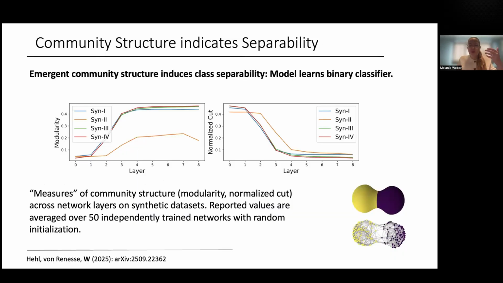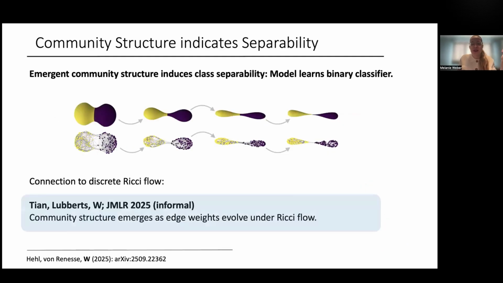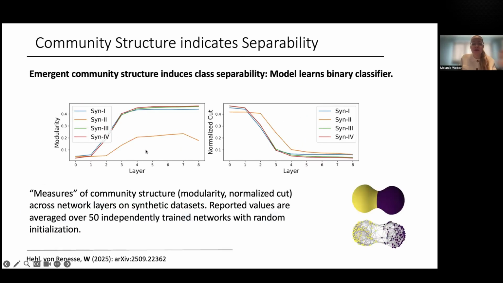This is one more analysis of this emergent structure that is not using Ricci curvature, so that we have a neutral way of quantifying the emergence of community structure. So here we looked at those trained networks across the training procedure, constructed the geometric graphs, and then measured the modularity and the normalized cut.